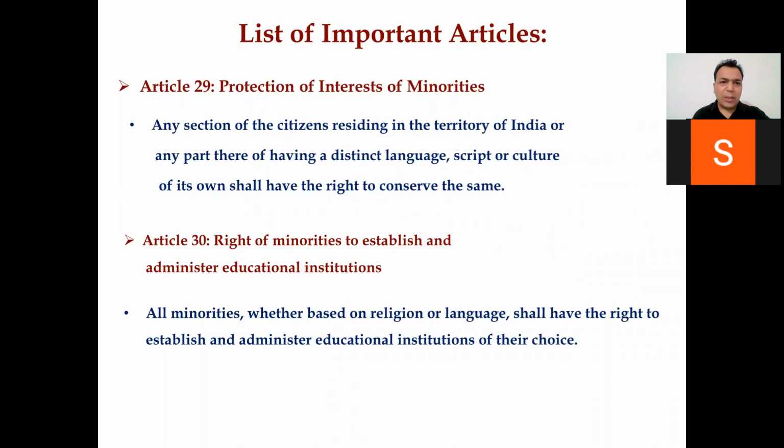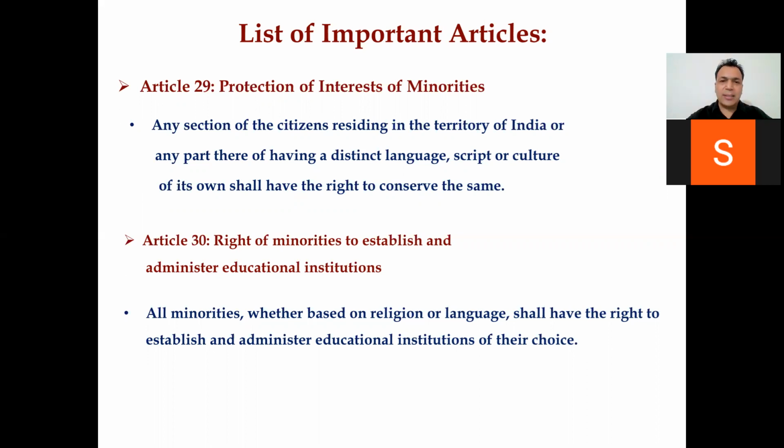Next, we talk about Article 29, protection of interests of minorities. In our India, there are minorities also. When we talk about Punjab, in Punjab Sikhs are in the majority. But in India as a whole, Sikhs are in the minority, Christians are in the minority. So Article 29 protects the interests of minorities.